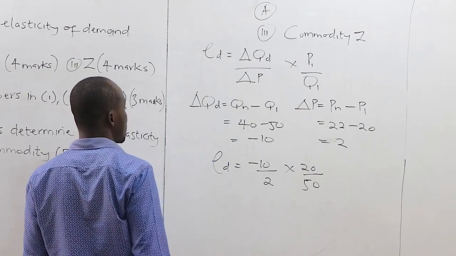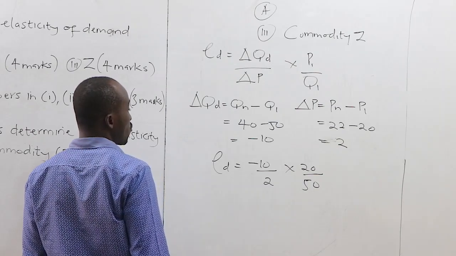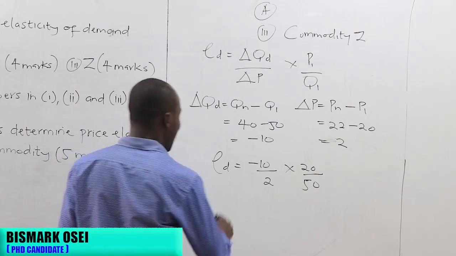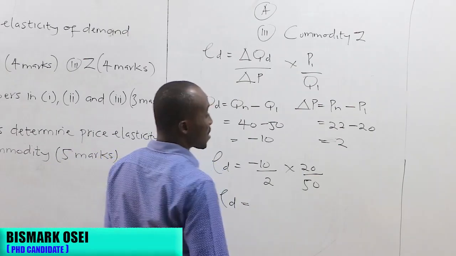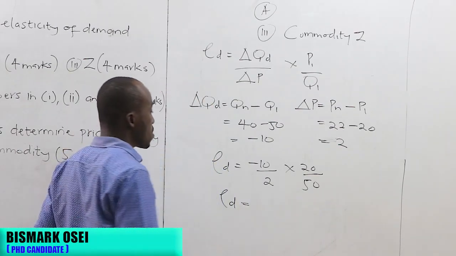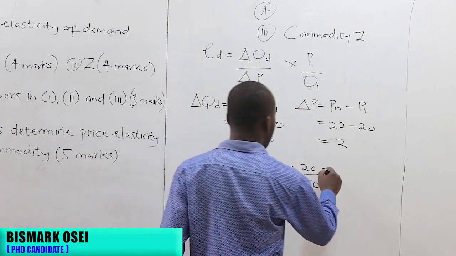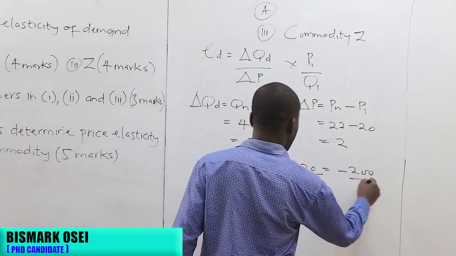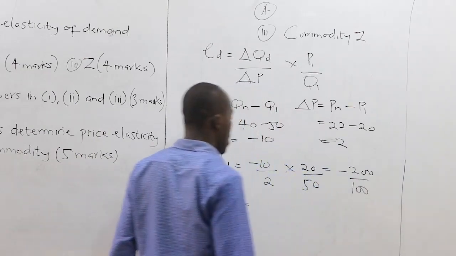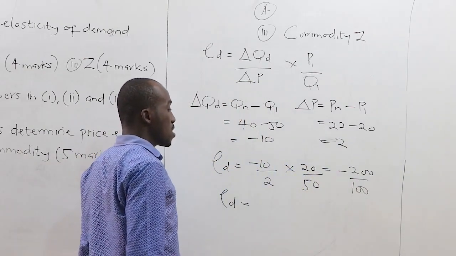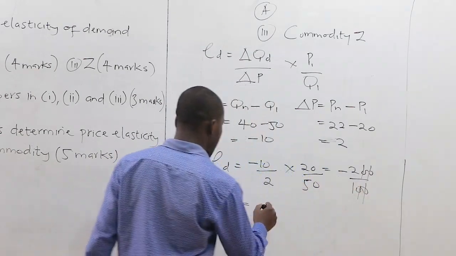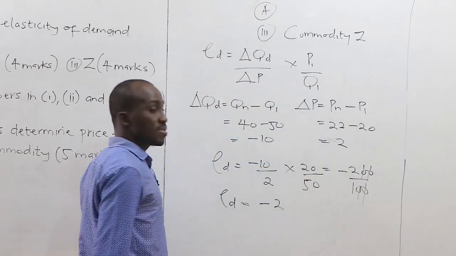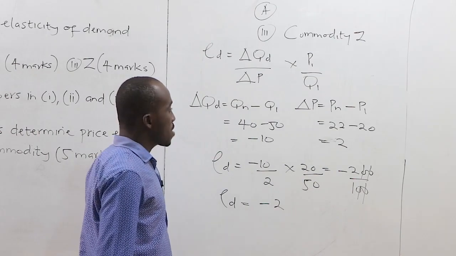So we have this over the period. If you break it down, if you use a calculator, multiply the top, multiply the bottom. If you multiply the top, you're going to get negative 200. The bottom, you're going to get 100, right? So this one, you're going to get negative 2, right?